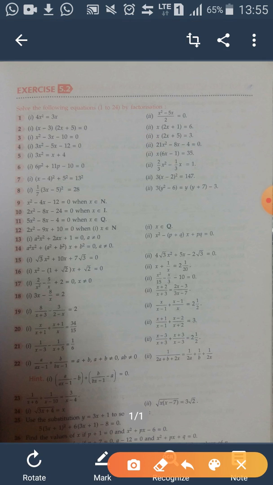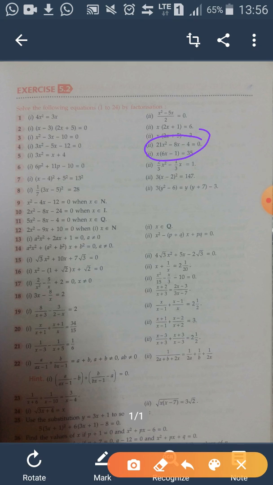Next, 5's 1, this thing, 5's 1, again you're just going to bring x and 4 to this side. So 3x square minus x minus 4 is equal to 0. Yes, that's what you need to do, and then solve this to get the answer.